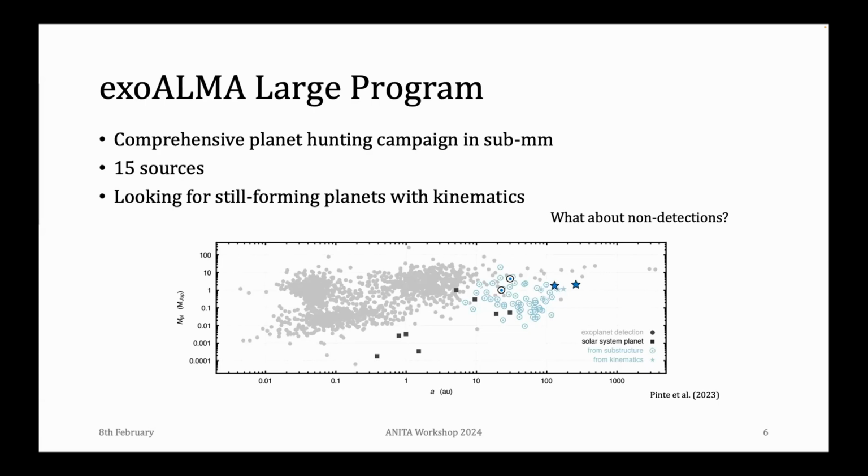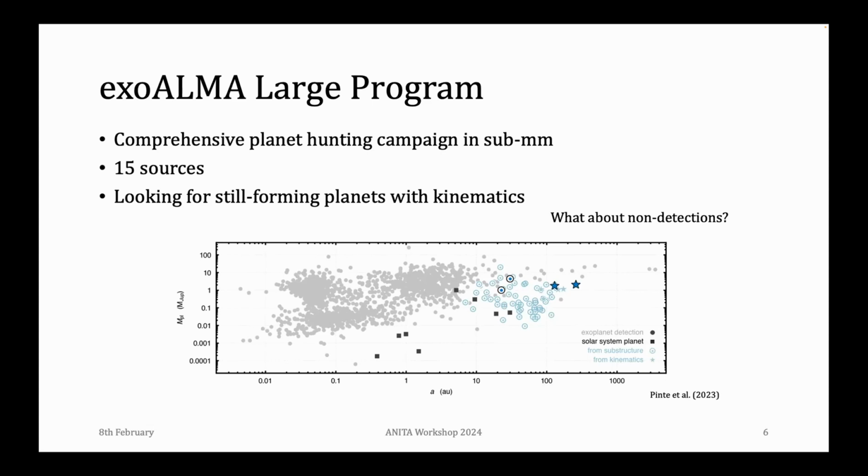On the bottom, I've got the typical plot that every exoplanet talk has, with the population of exoplanets, as well as a bunch of proposed planets that have been interpreted from substructures in disks, as well as the stars from kinematics, as well as the two that count as confirmed.